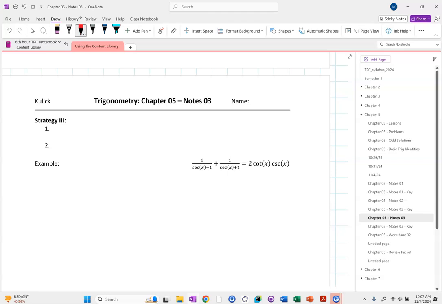But look at what we have on that left-hand side. You should notice that we have 2 fractions that we're being asked to add. So what would we want to do first? That's what we should do first. What would the common denominator be?